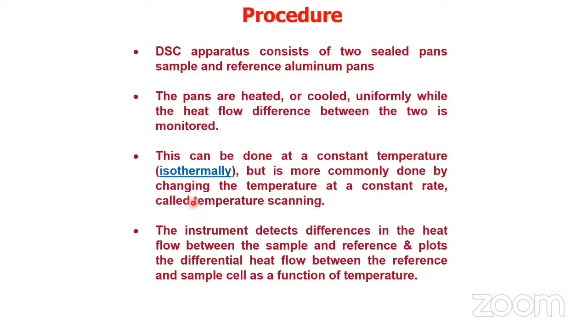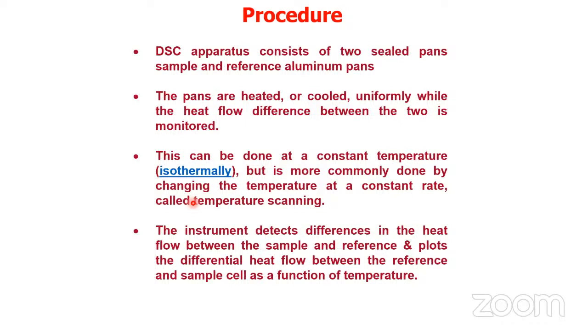So what is the procedure? The DSC apparatus consists of two sealed pans, as I have explained. The pans are heated or cooled uniformly, while the heat flow difference between the two is monitored by the sensors. This can be done at constant temperature, or you can say isothermal, but it is more commonly done by varying the temperature.